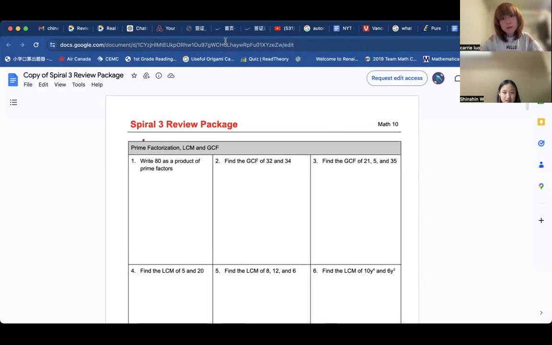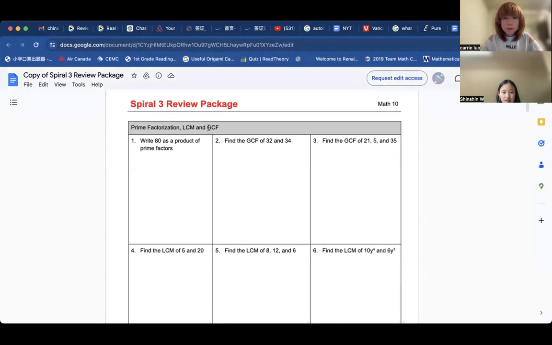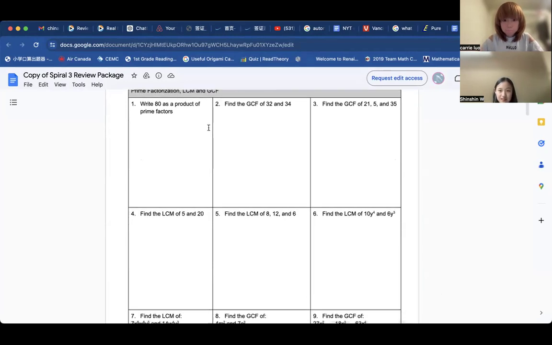They change the review questions a little bit every semester. Not a lot, just a little bit. But if you only do the review package, you're not going to do any good on your test at all. Yeah, 因为 test 会比那个难很多.